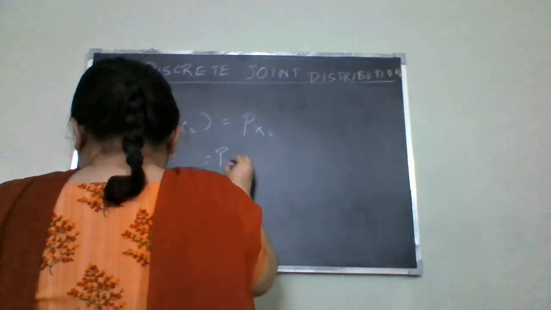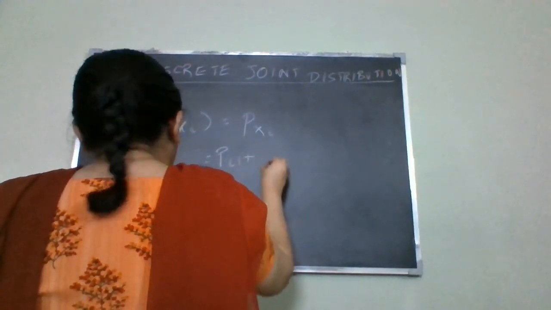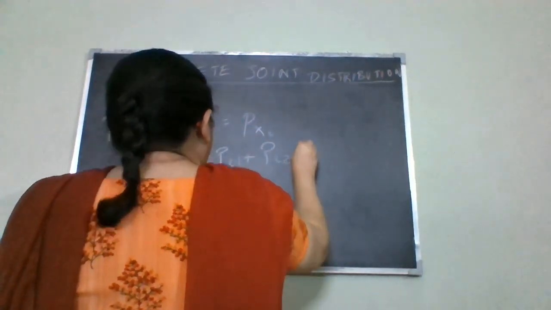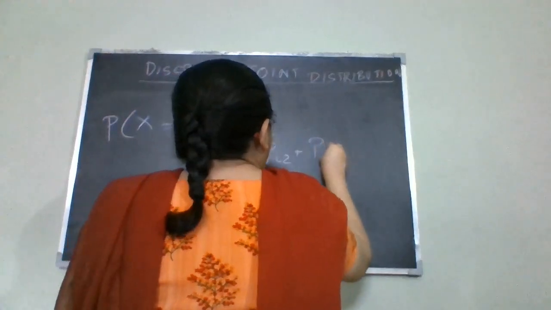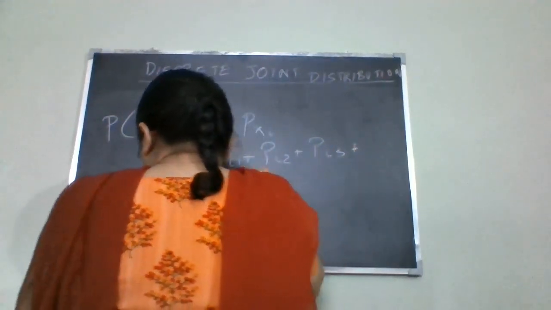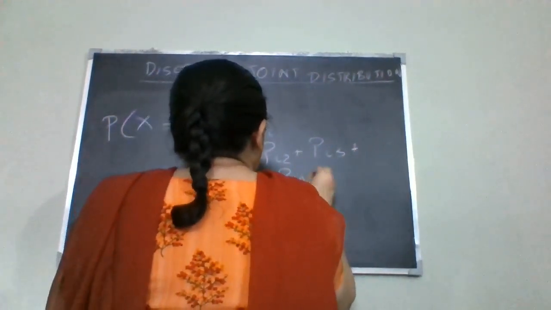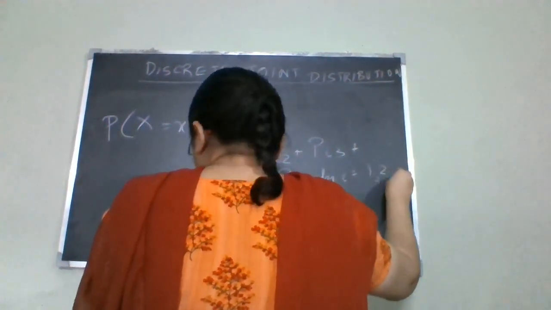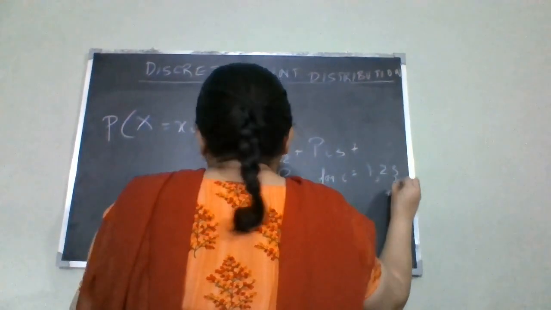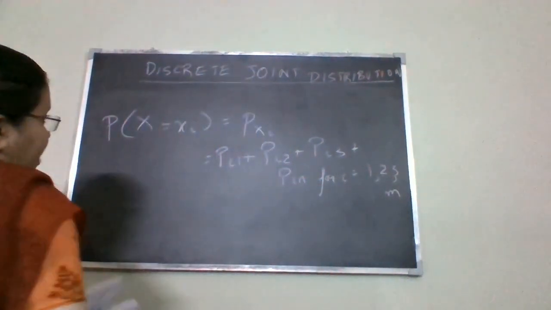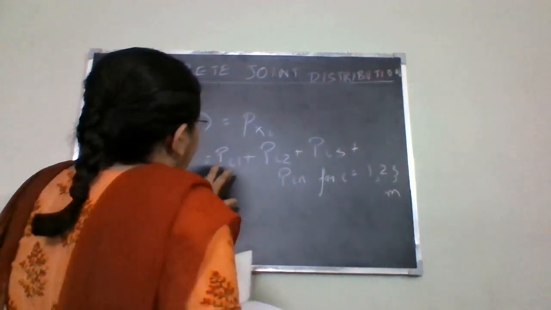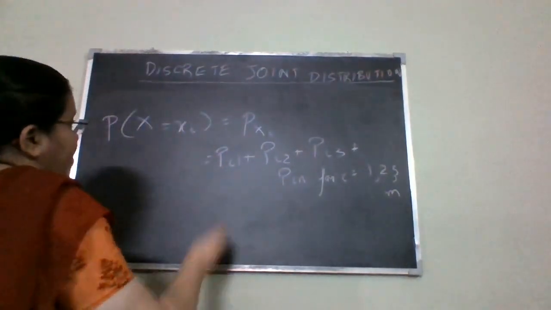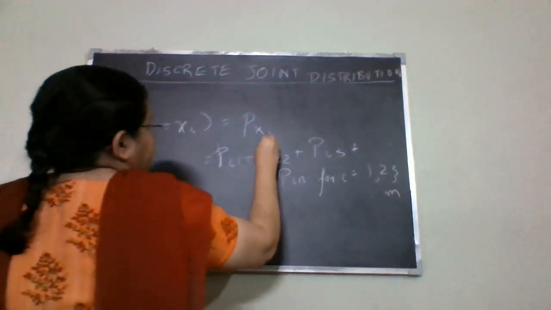It is p_i1 + p_i2 + p_i3 + ... + p_in, for i = 1, 2, 3, ..., m. These are all small p's.